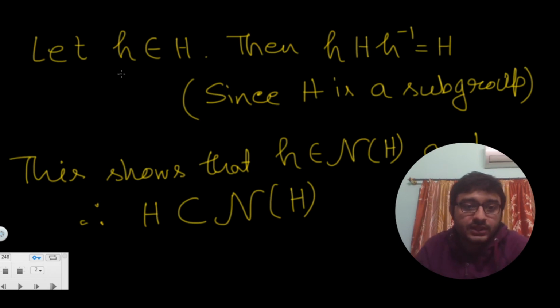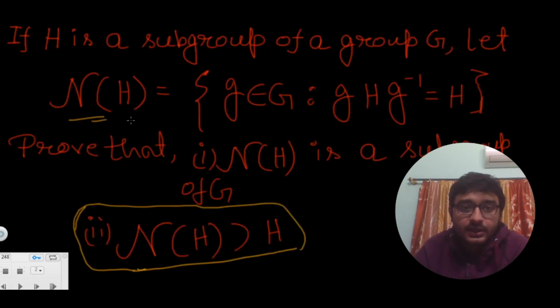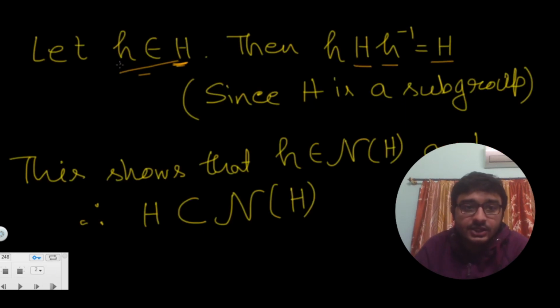We take an element h belonging to H, and since H is a subgroup of G, h H h inverse will be H. That means if you look at the N_H group, an element that belongs to N_H follows this property, and this h is following the same property.